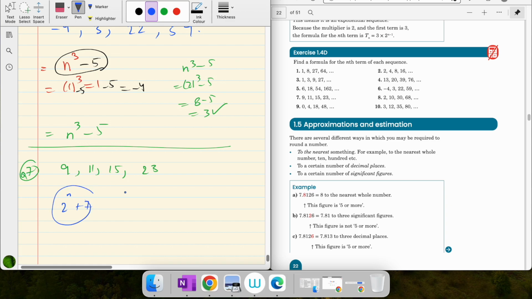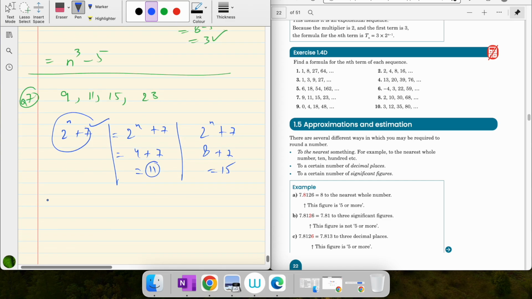But if we check for the second one, 2 raised to power n plus 7, this is actually 2 raised to power 2, that is 4 plus 7, which is 11, yes. And to be sure, third one again, 2 cube is 8 plus 7, 15. So yes, 2 raised to the power n plus 7.